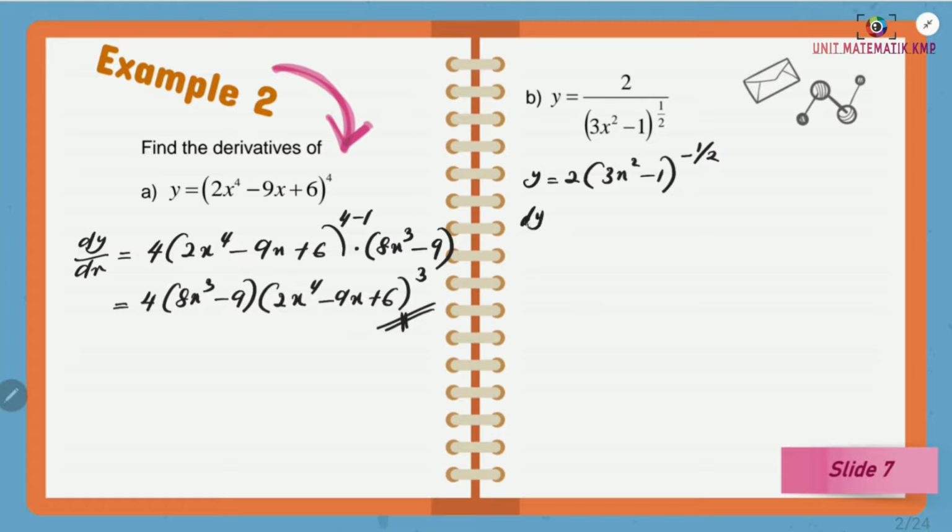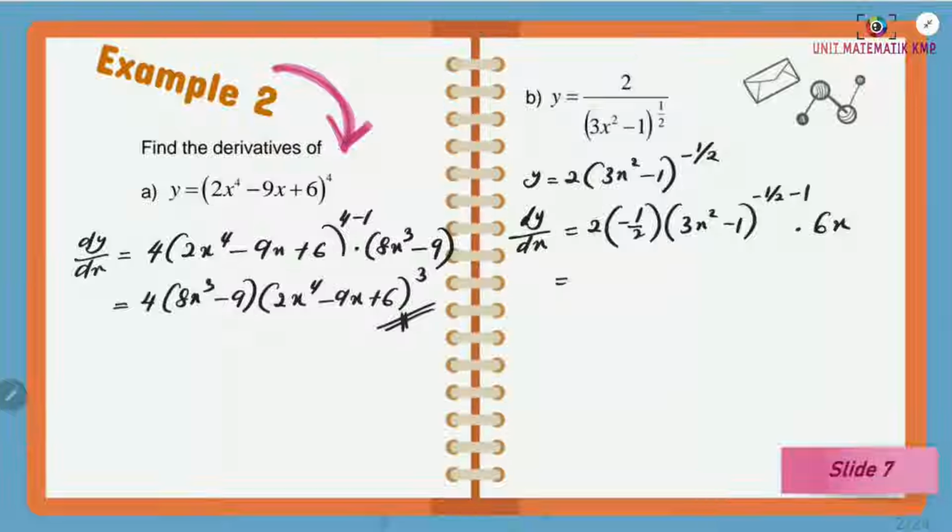Next, differentiate y with respect to x. dy/dx is equal to 2 times the power is negative 1 over 2 times in bracket (3x squared minus 1), the power is negative 1 over 2 minus 1, times differentiate 3x squared is 6x. Now we can simplify. 2 times negative 1 over 2 is negative 1 times 6x times (3x squared minus 1) to the power negative 3 over 2.